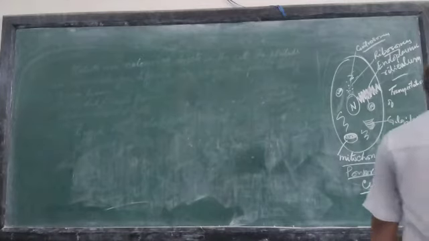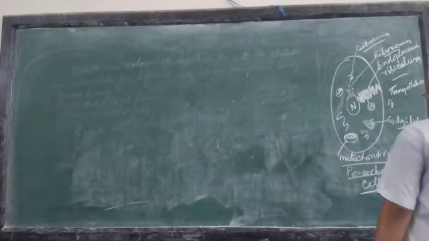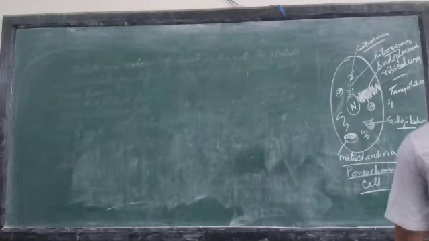So centrosomes start the process of cell division. Another important thing to note here is that centrosomes are present only in animal cells. Then what about plant cells? How do they divide? They simply divide with the help of their nucleus.